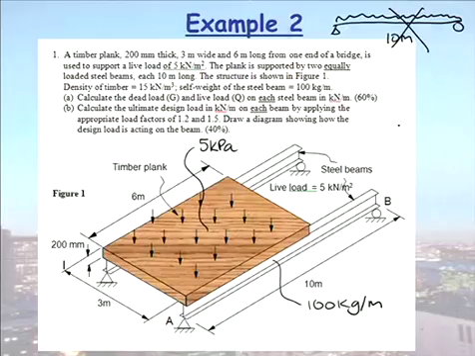So when you come to do this problem, you have to say, okay, I have one load that runs the entire length of the steel beam, and that is the weight of the steel itself, which is my 100 kilograms per metre.